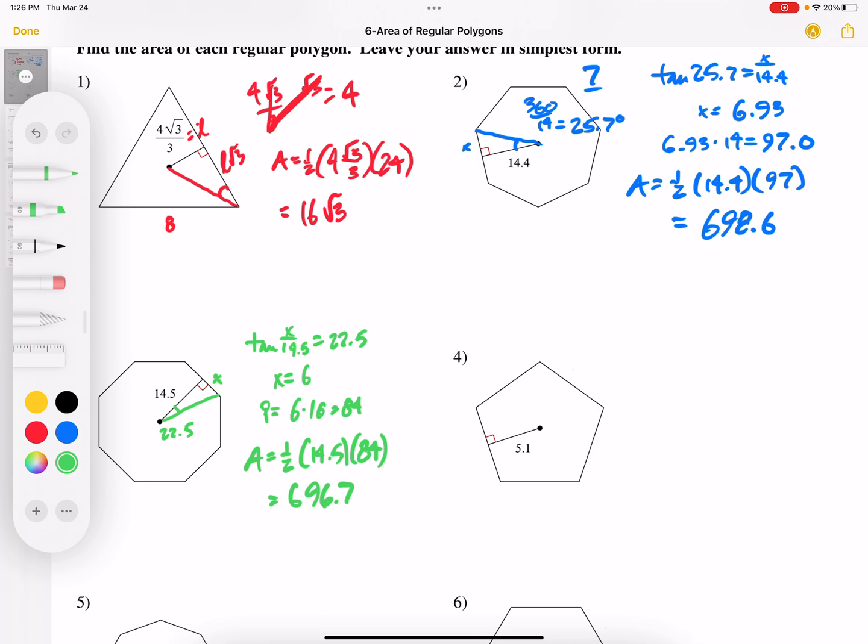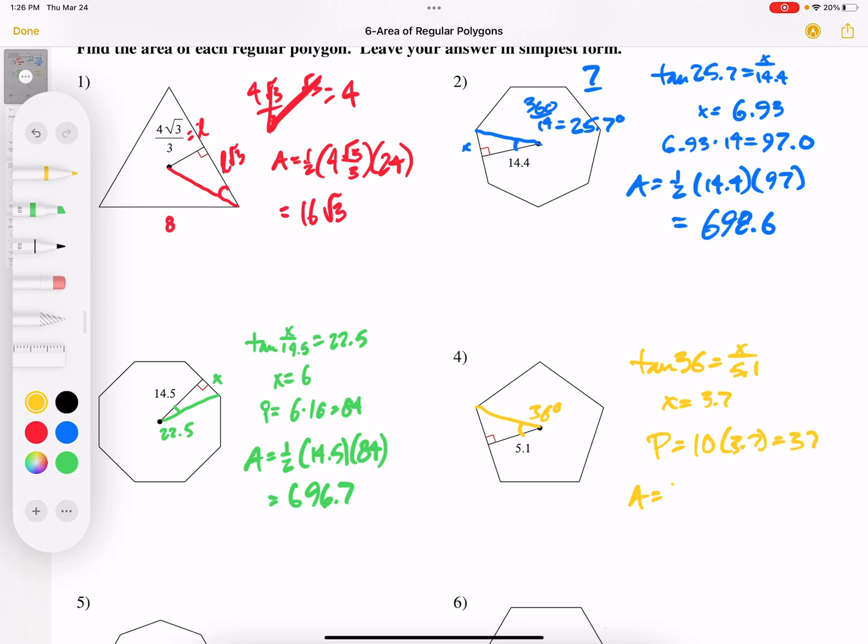All right. Next one is a pentagon. In a pentagon, this is a 36-degree angle. So tangent of 36 equals x over 5.1. So that's going to give me an x of about 3.7 something. My perimeter is going to be 10 of those, so about 37 or so.